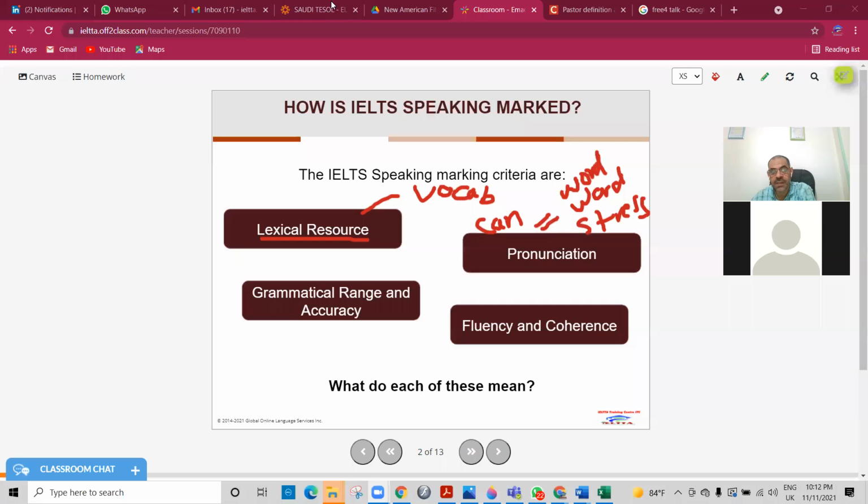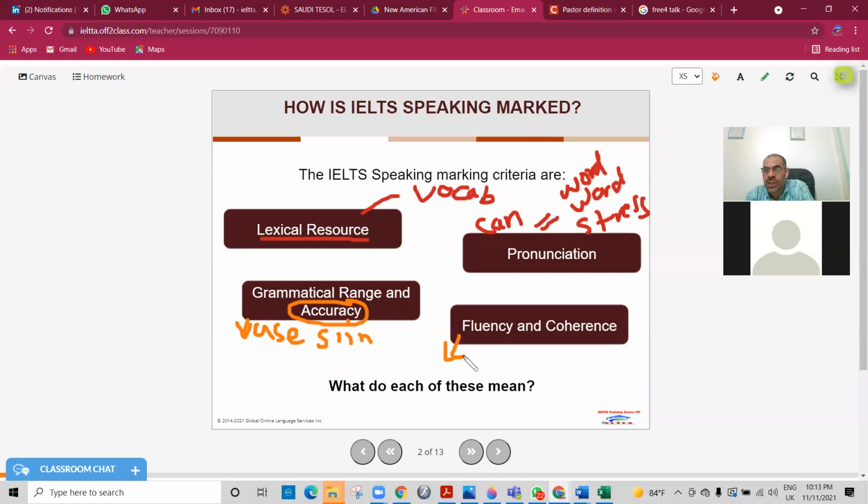Next, we have the grammatical range and accuracy, and this is related to using a variety of sentences, not all the time simple sentences, with accurate grammar. And finally, you have fluency.